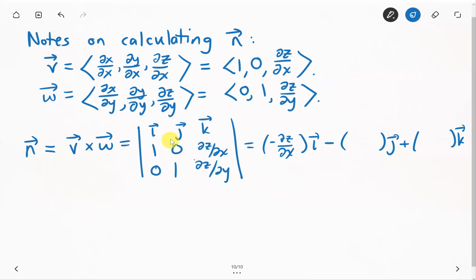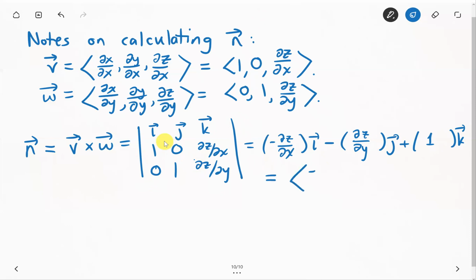The second component, ignore the column with j. We've got 1 times dz/dy minus 0 times dz/dx. So that's just dz/dy. The 0 cancels out the dz/dx. And for the coefficient of k, ignore this last column. I have like a little identity matrix here: 1 times 1 minus 0 times 0. That's just 1.